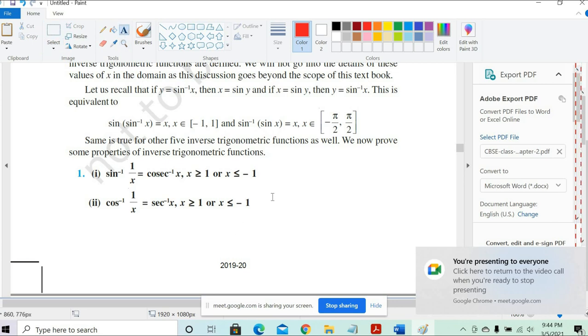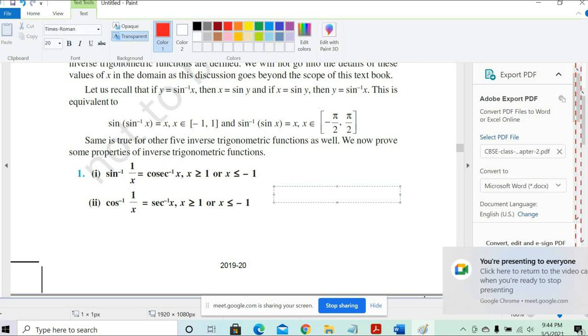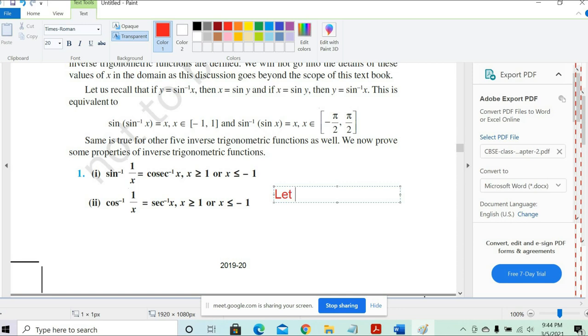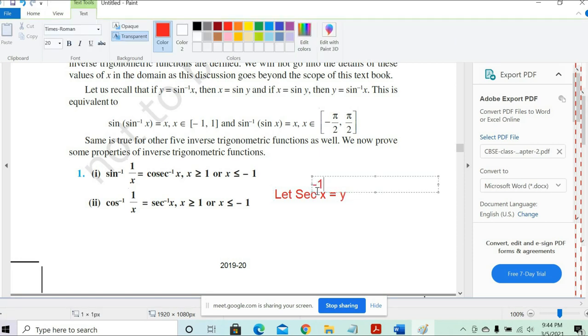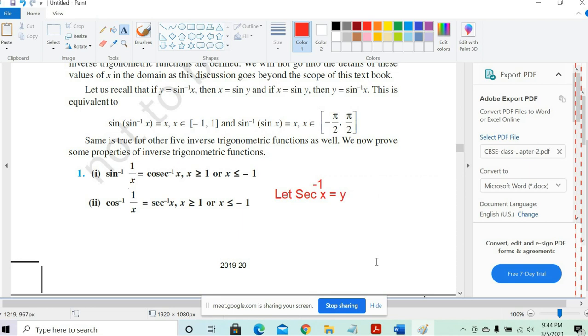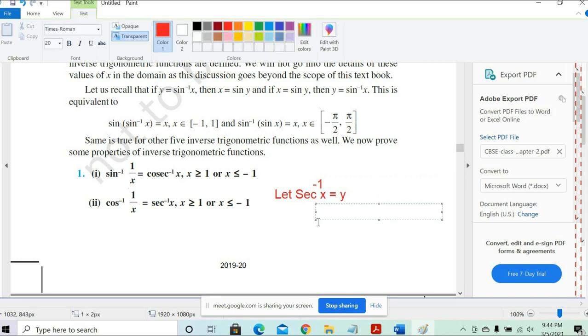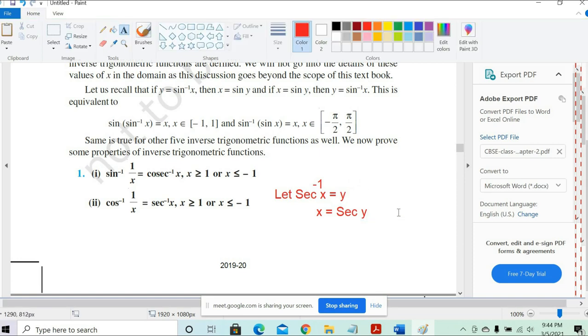Yes, sir. Okay, so what I'll do is we'll put, let secant inverse x is equal to y. So I'll put here -1. Okay, secant inverse x is y. Now this can be written as secant inverse, when it goes to the other side, y side will become secant y. Correct? Yeah.